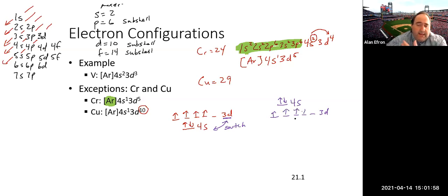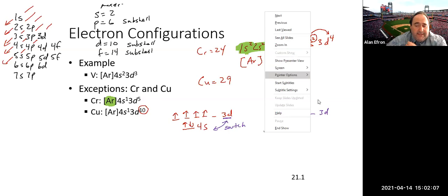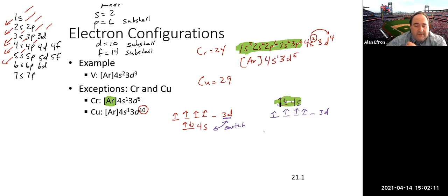And that is why when transition metals lose electrons, they do lose electrons in the s orbitals first. These are lost first. And then if you need more electrons, then you delve down into the d orbitals.